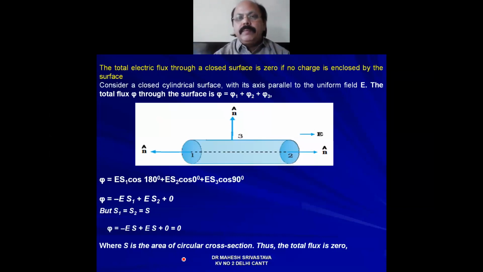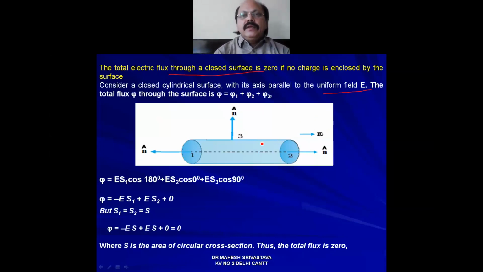This statement we have to prove, that the total electric flux through a closed surface is 0 if no charge is enclosed by the surface. For that purpose, we consider a closed cylindrical surface with its axis parallel to the uniform electric field E.